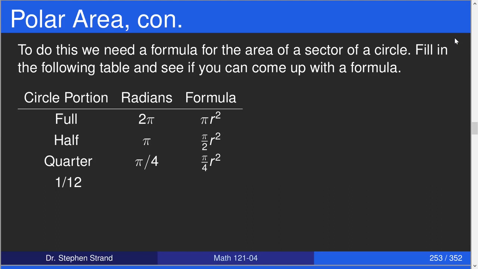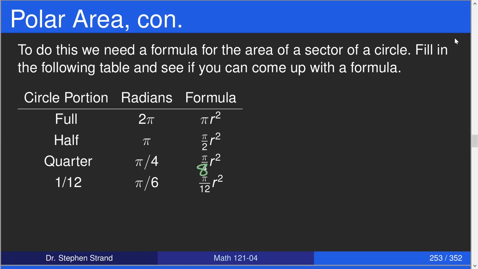Yes, this is messed up. This should be 8 down here, because we are going to take half of the angle. Yeah. So when we do 1/12 of a circle, we should get pi over 6, and then pi over 12 times r squared.